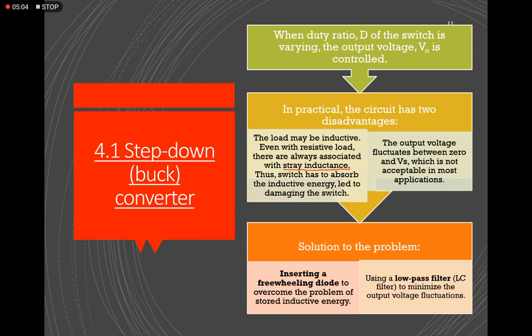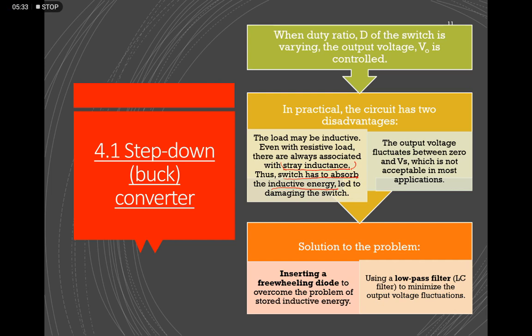Since we don't have any other alternative path or any other component, the only component that we have is our switch, referring to the previous slide. So your switch needs to absorb the inductive energy that is associated with the RL load.